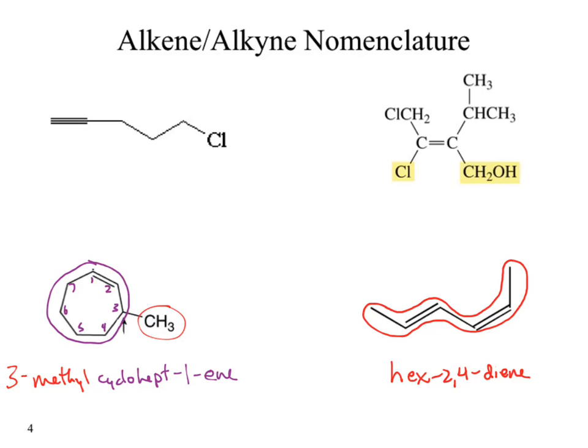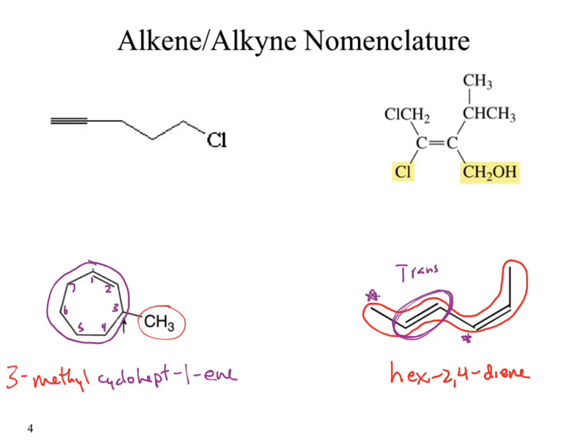Let's take a look at, say, the purple one. This purple one is cis or trans? Trans, because we take a look at our larger groups, and they are on opposite sides of the double bond. Trans is technically not a nomenclature system, it's an abbreviation.